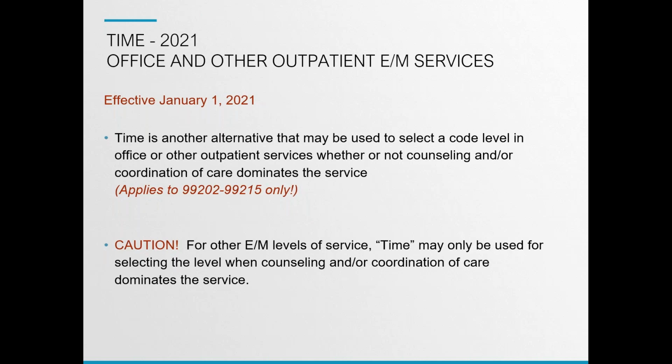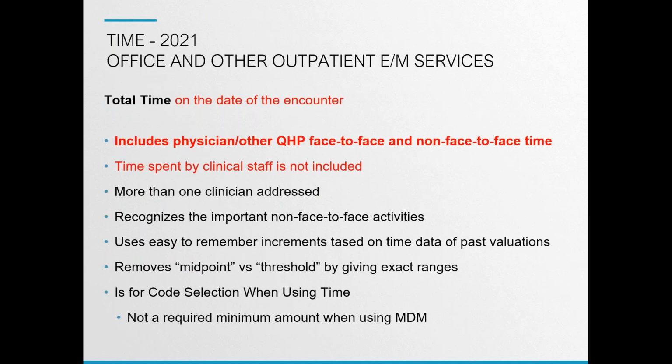Again, making sure we understand that what we're talking about now only applies to the outpatient services, your 99202 to 99215. And for your other services, your skilled nursing facility, the hospital, you want to make sure that you're still using the time element as defined in the 95 or 97 documentation guidelines.